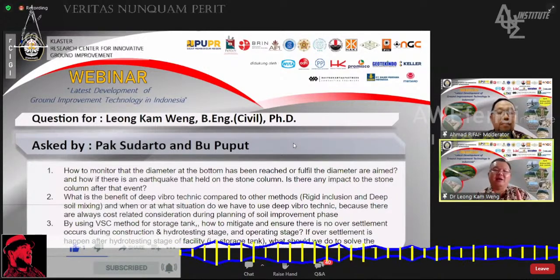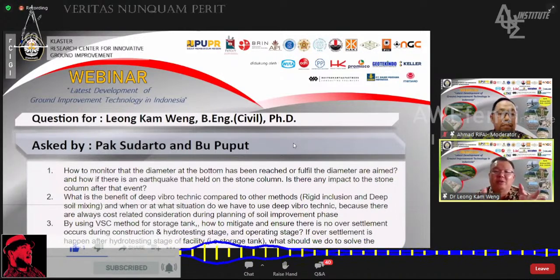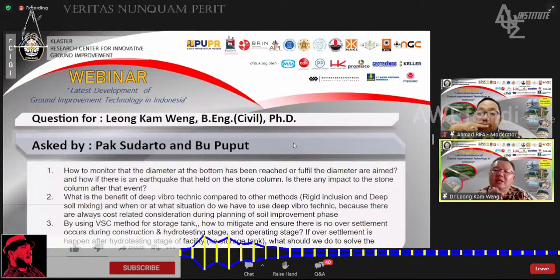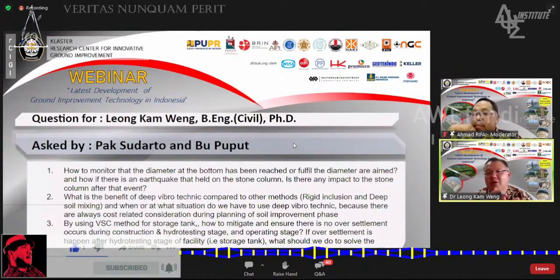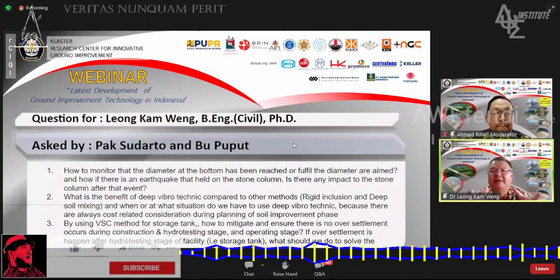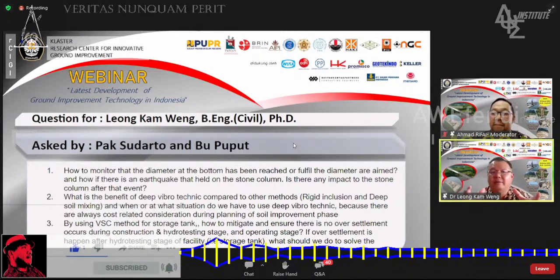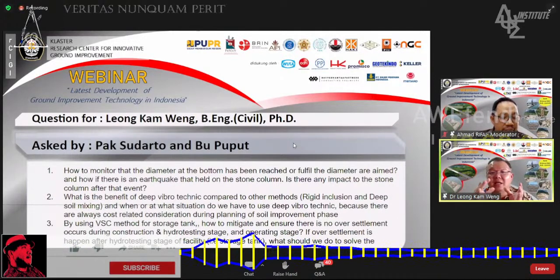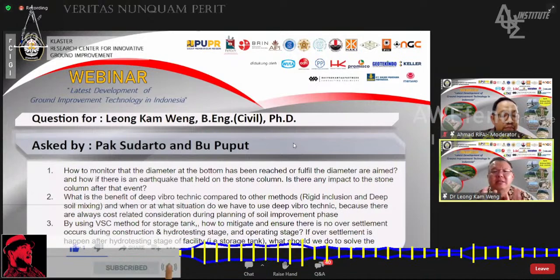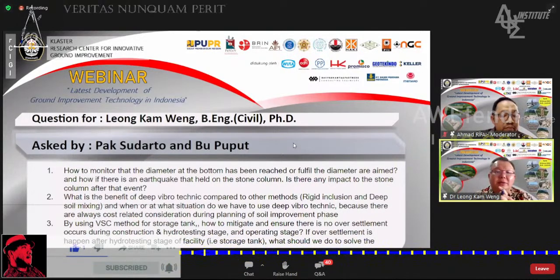I think there is a lot of evidence, especially in the US, that shows that stone columns are good in dealing with earthquakes, because besides reinforcing the soil, a stone column provides resistance against the earthquake. And one of the most important things is that it acts as a big drain. It helps to discharge the excess water pressure that is induced during an earthquake. So these are a couple of the benefits of stone columns.